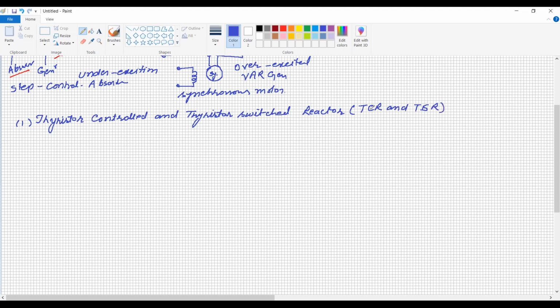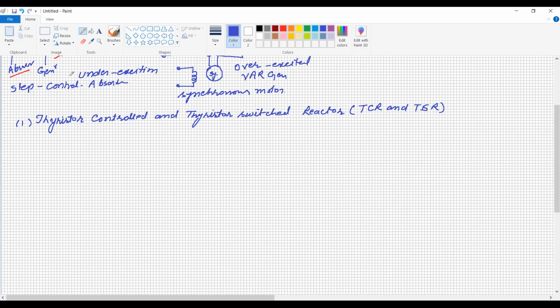So either it is thyristor controlled, where control means we are going to control the VAR in a smooth manner, or thyristor switched, which means either we conduct the thyristor 100% or turn it off, so it becomes a simple switch.